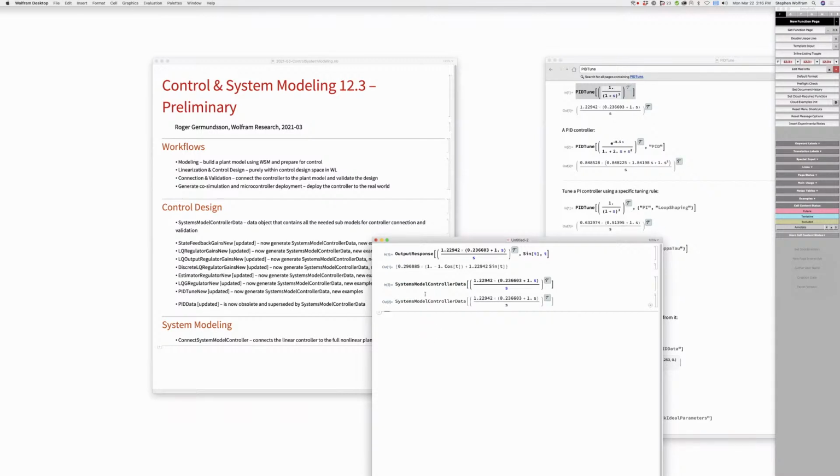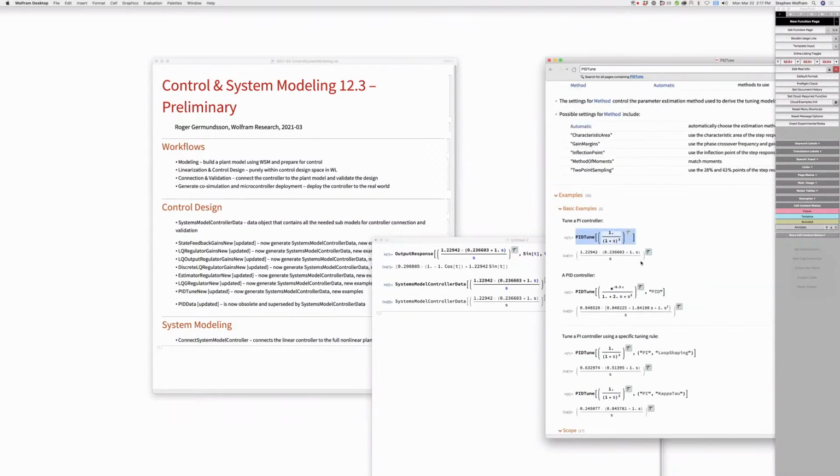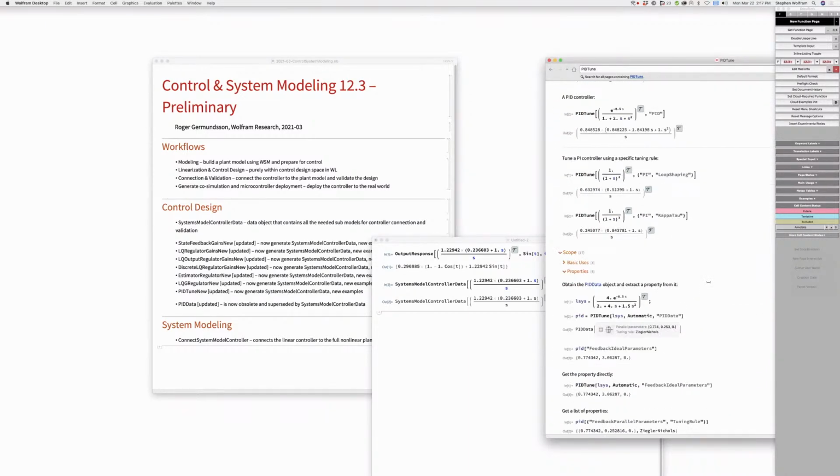How do I get what I'm supposed to be getting from here? Oh, you get it from PID tune. If you evaluate PID tune, you'll now get that systems model controller data if you are in the prototype build. Just evaluate that example. This one here? Not this one, where you had the PID data input. Yeah, then this, but I thought you told me that the PID data was about to be obsoleted. Yeah, but it'll still work.